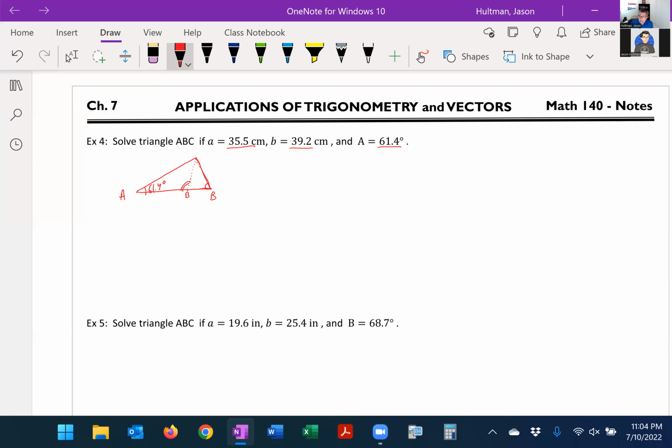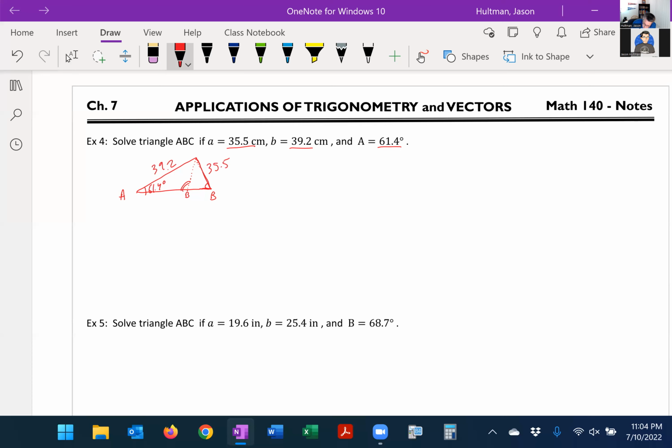It's because when we take the sine of the angle, it produces two values. The side that's opposite angle A is side a, and that's the 35.5. And the side b that's opposite angle B, regardless of whether it's acute or obtuse, is 39.2.